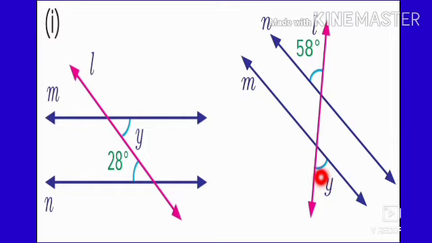Opposite means alternate. So 58 degree and Y are alternate exterior angles. We know that alternate exterior angles are also equal. So Y degree is equal to 58 degree.